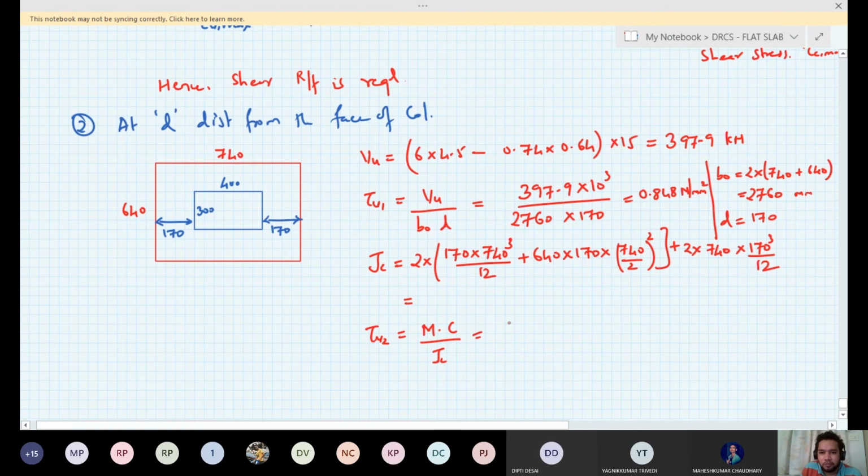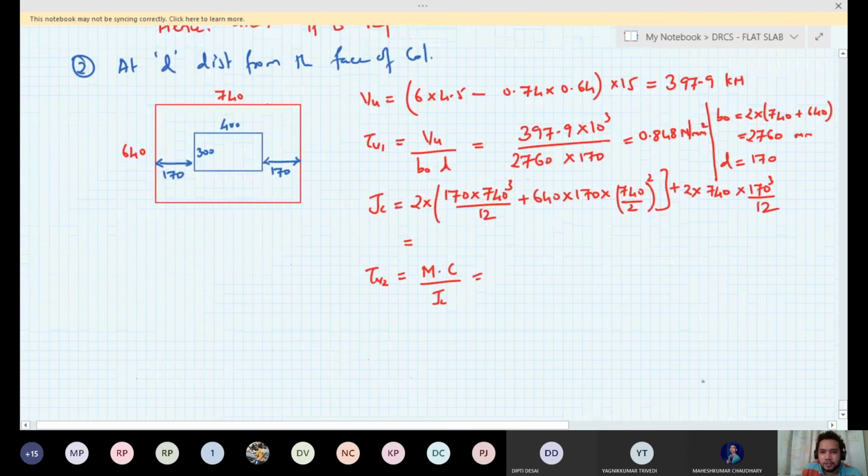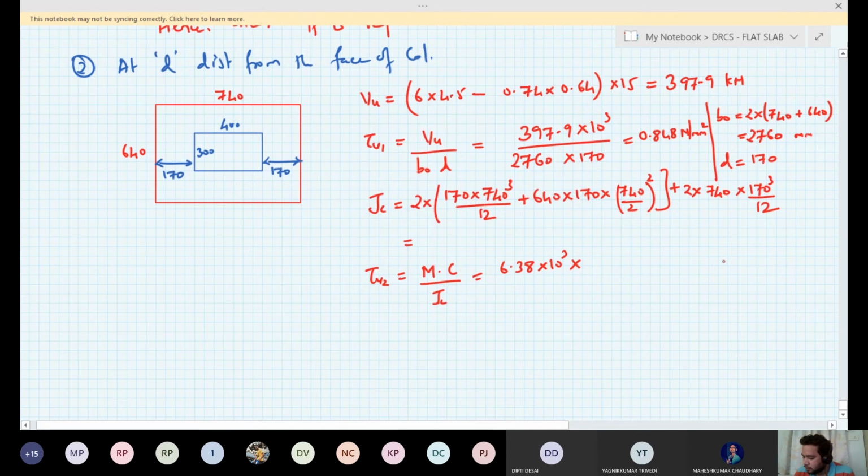So moment is again 6.38 into 10 to the power 3 into C. Now the section will be at 740 by 2. So 740 by 2 is how much? That is 370. So this is 370 divided by JC. How much is this value?